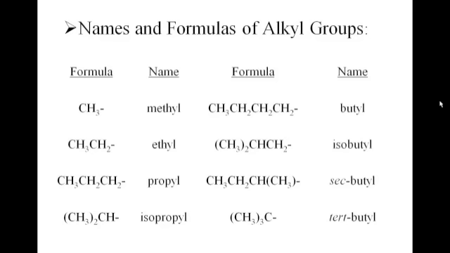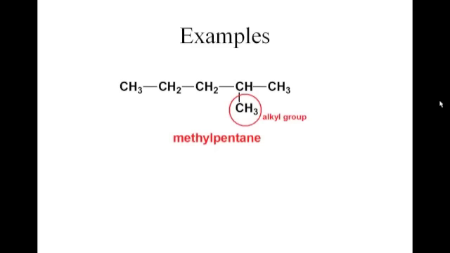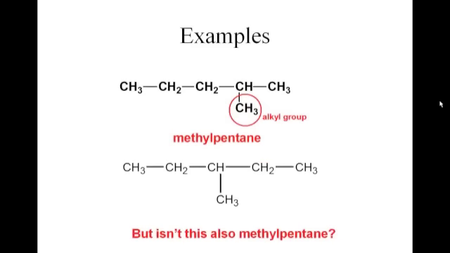This is the isopropyl, isobutyl, sec-butyl, and tert-butyl. I'm going to save those for a later video. So we've already decided that this molecule should be called methyl pentane. So I've named the branch that I have on my 5 carbon chain. So my branch is a methyl group, so I would call this molecule methyl pentane.